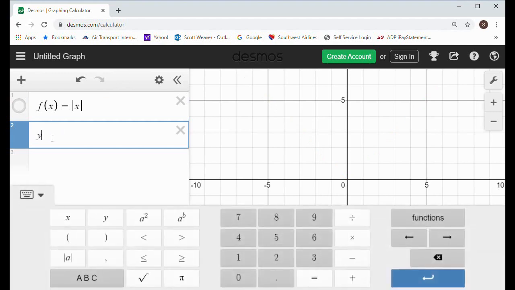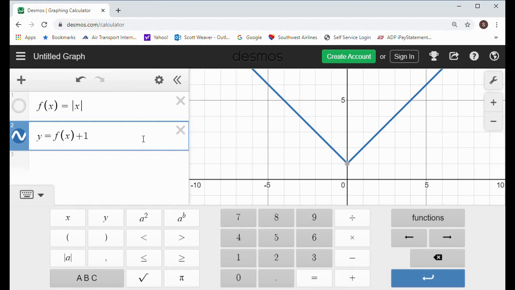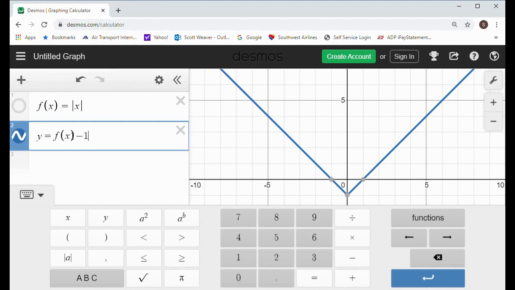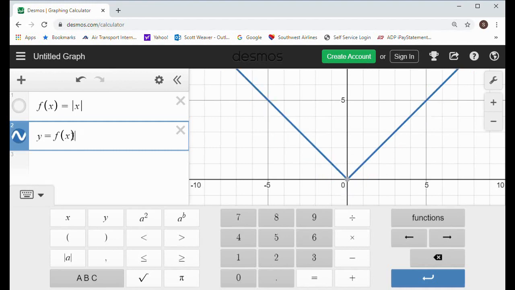So let's look first at some vertical transformations. The vertical transformations here can be such things as f of x plus 1. So there's our original function, but now it's been shifted up 1. Or minus 1. There it is, all minus 1.